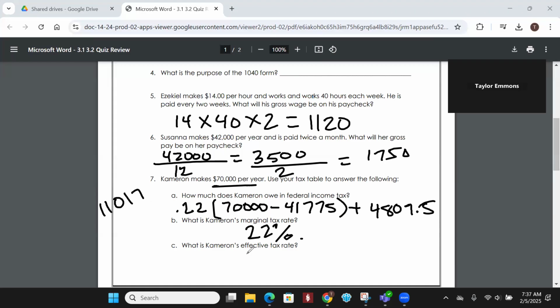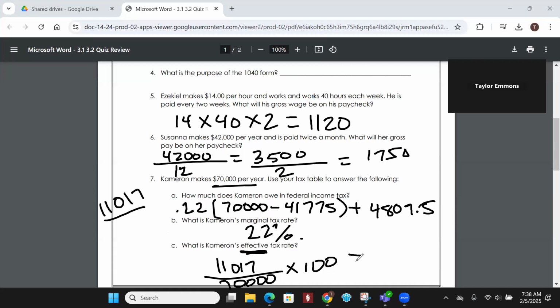Okay, now effective tax. I mean, the formula sheet. Like the tax table? Yeah. All right, effective tax rate. You're going to take how much you owe and divide it by how much you make. So 70,000.